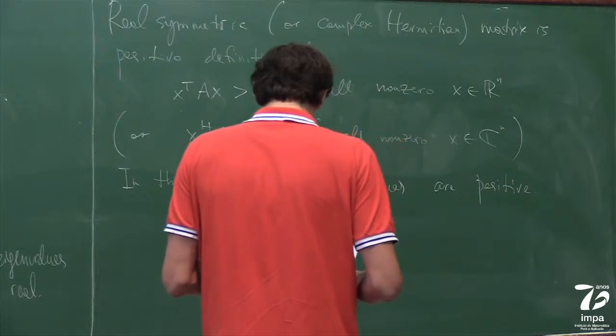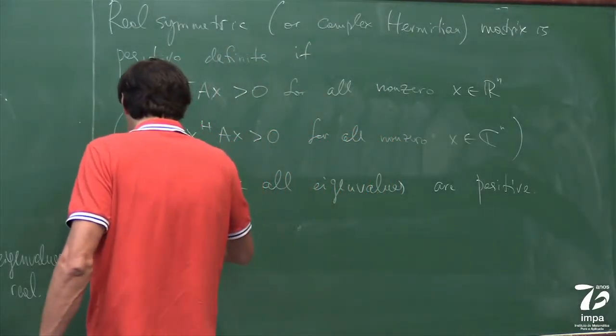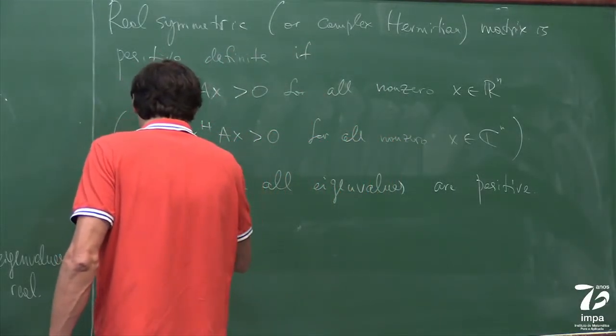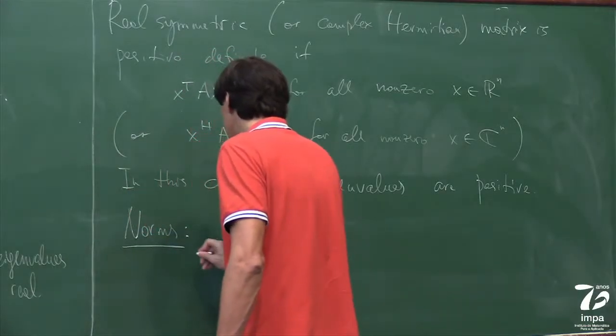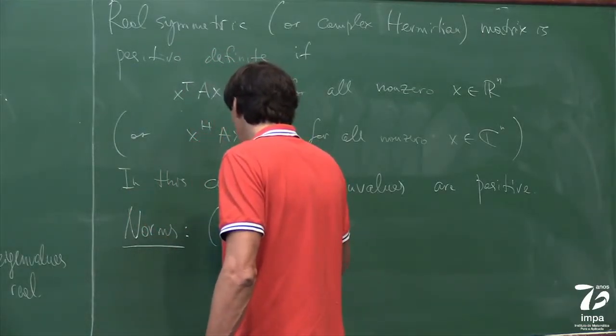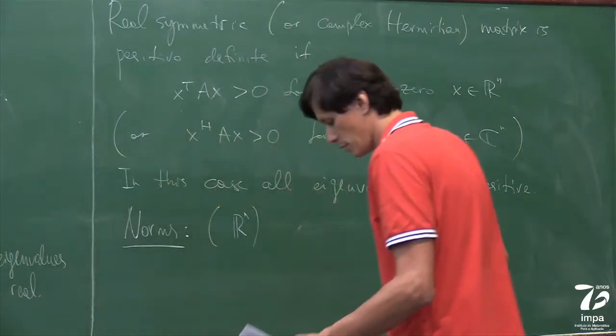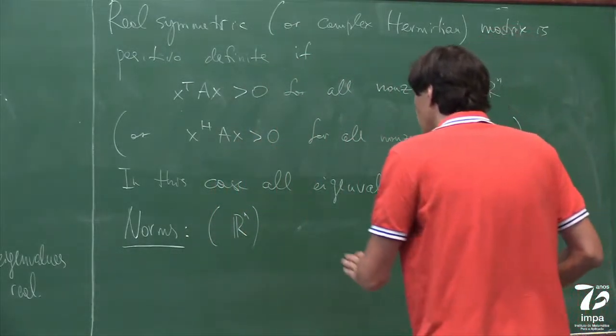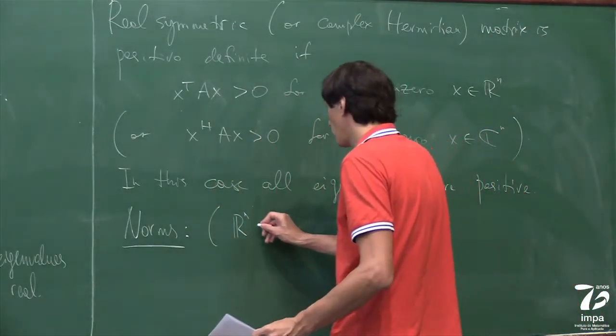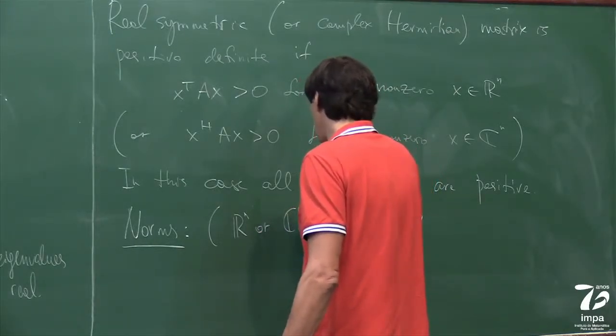The next point is norms. So norms first, let's start. Let's just consider R^n, so that's essentially complex or real vectors, it doesn't matter.